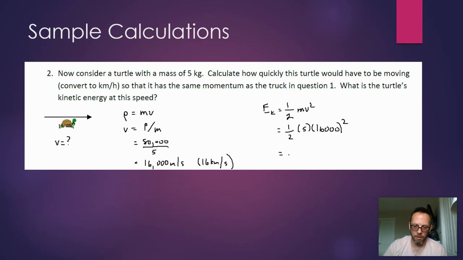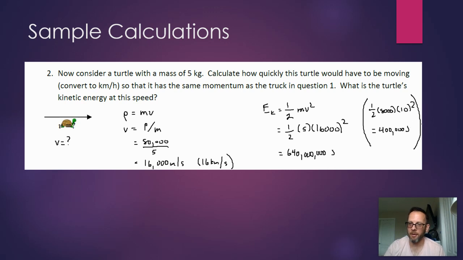Okay, that's a lot of zeros. That looks like 640 million joules. And off to the side, if you want to compare that with the truck, 1/2 times 8,000, and its speed was 10 meters per second, squared. That's only 400,000 joules of kinetic energy.